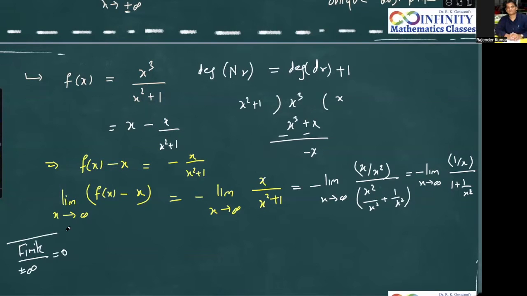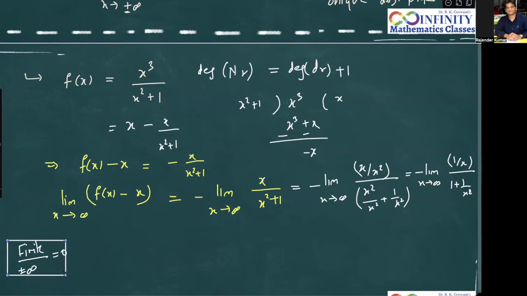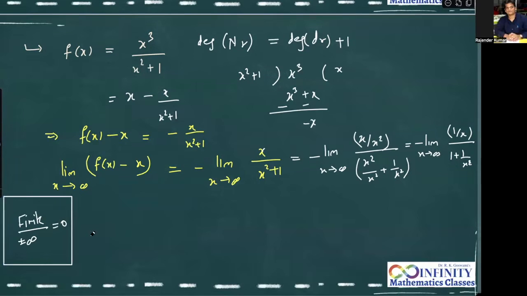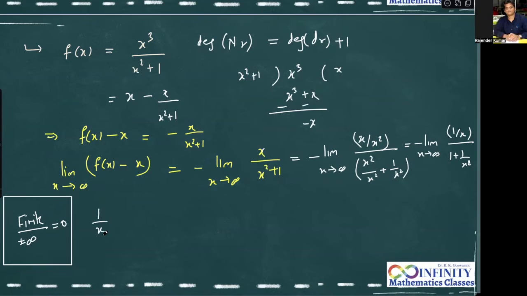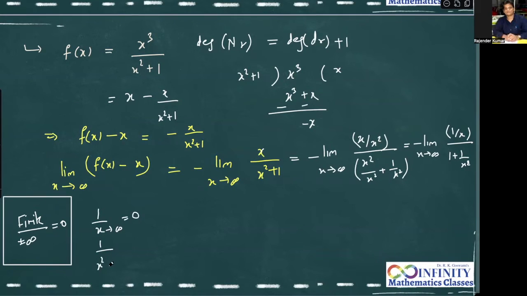It is going to be 0 for you. So why am I telling you this? Because you are having terms like 1 upon x. When x is infinity, this is going to be 0. And 1 upon x square, when x tends to infinity, is also going to be 0 for you.